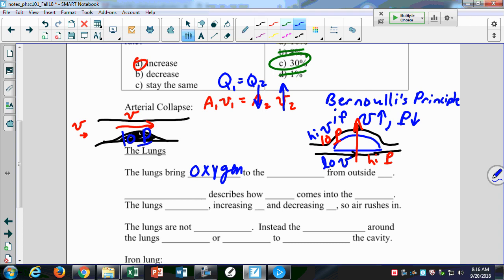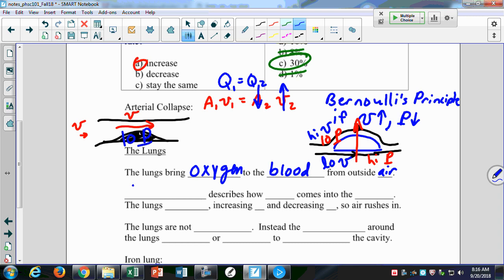All right, so the lungs bring oxygen to the blood from the outside air. Remember, that's what our pulmonary circuit does. It takes that used blood to the lungs, and they reoxygenate the blood.